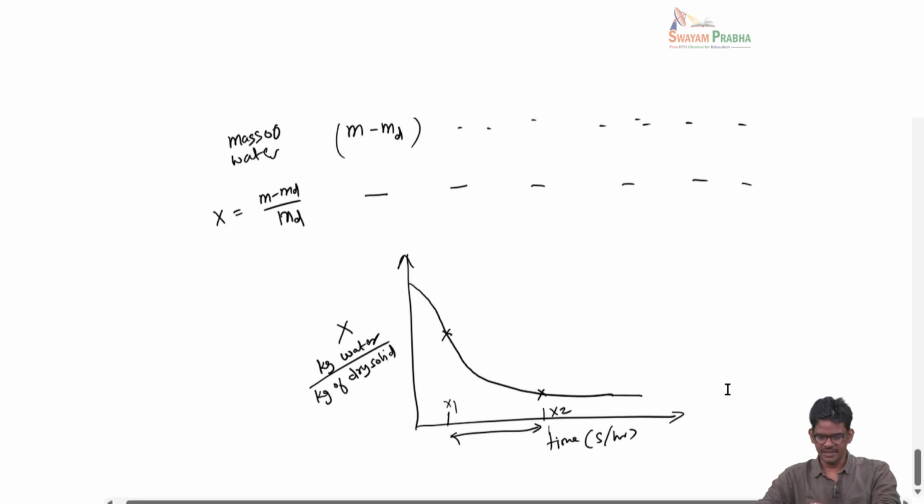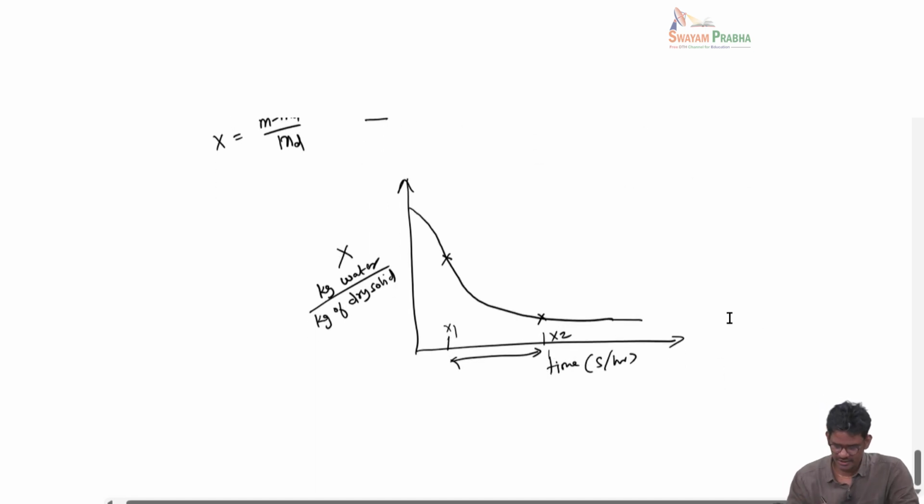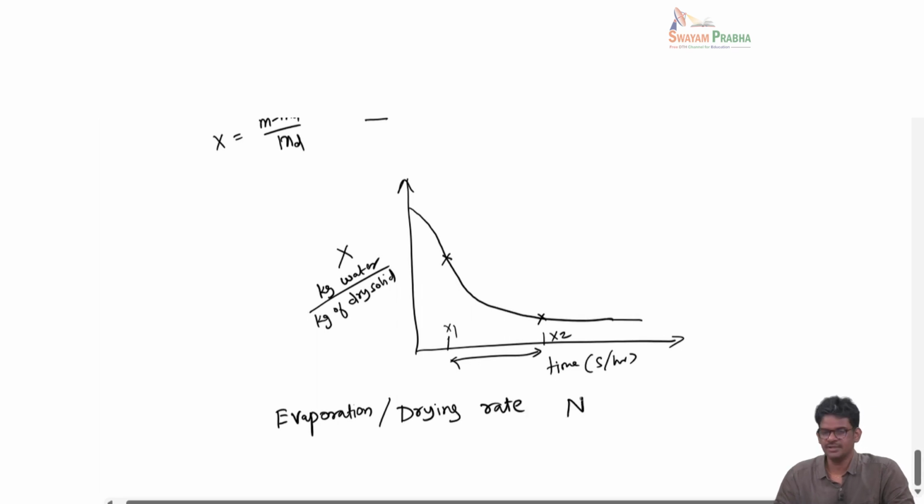So from this raw data, I will define a quantity called the evaporation rate or drying rate, with the symbol N, defined as minus Ss by A delta theta into delta X.